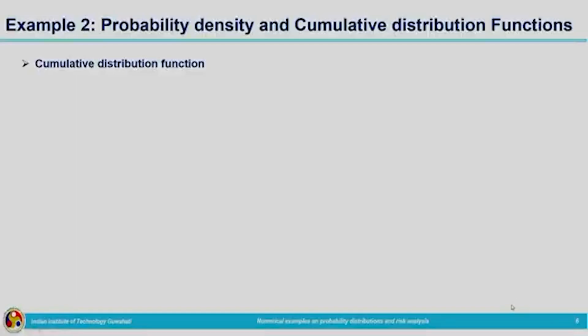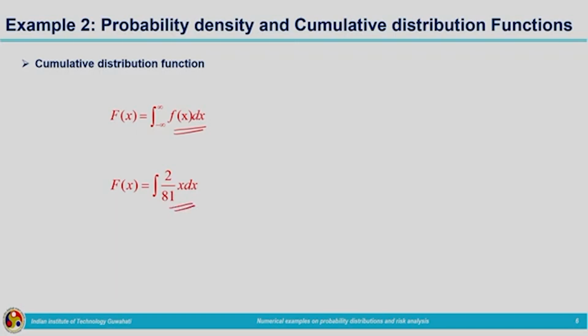So, here we have found the PDF, and we can find the cumulative distribution function. Capital F of x is given by the integral from minus infinity to plus infinity of f of x dx. Now, we can make use of our PDF here, that is, the CDF is given by the integral of 2 by 81 x dx.